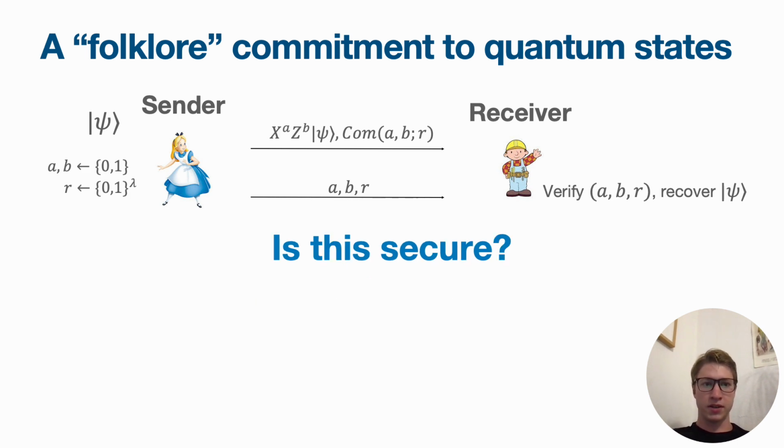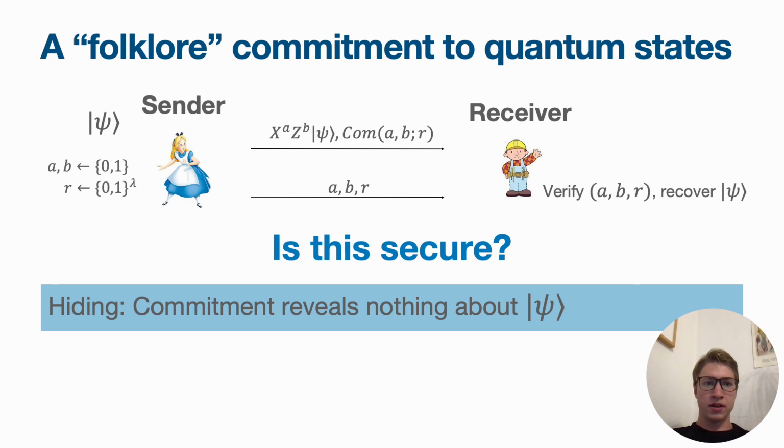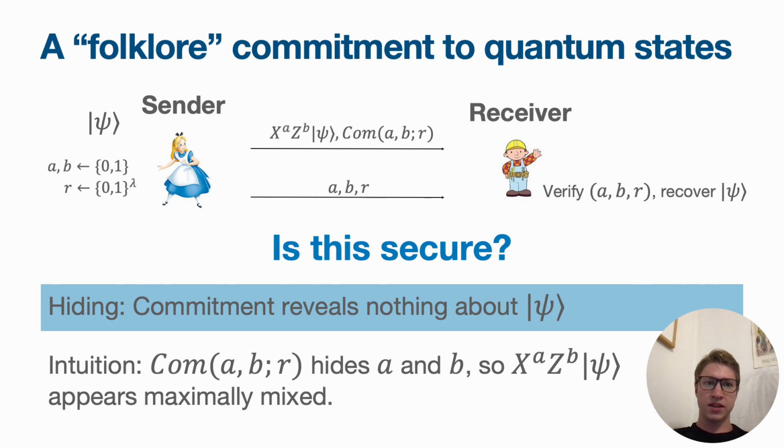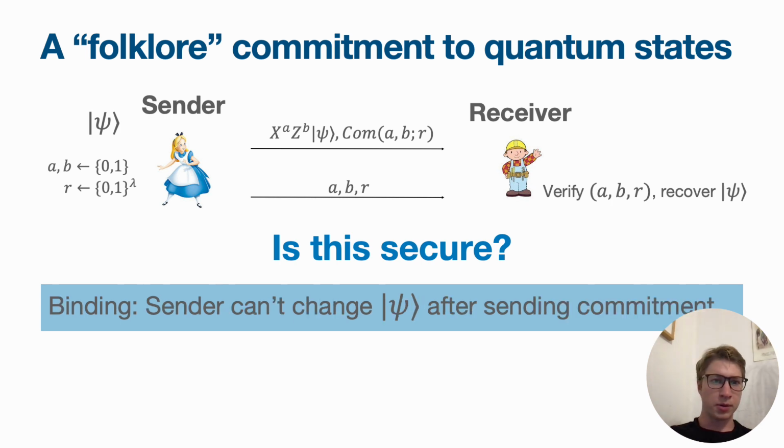So is this secure? Well, remember that hiding says that the commitment reveals nothing about the state, and indeed the classical commitment to the bits hides the bits A and B. So from the receiver's point of view, after receiving just the commitment, the state should still look totally mixed, totally random, because it's still hidden under the one-time pad. Okay, and what about binding?